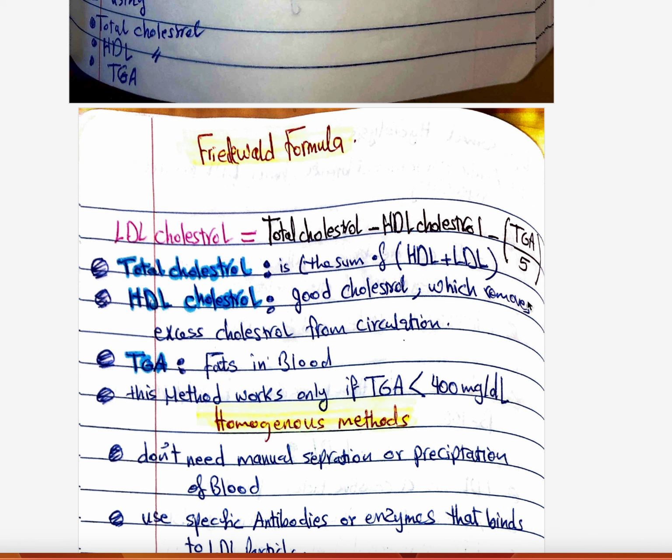It's not totally accurate, but it's good, and this method works only if the triglyceride is less than 400 milligram per deciliter. If the triglyceride is more than 400 milligram per deciliter, then we can't use the Friedewald formula.